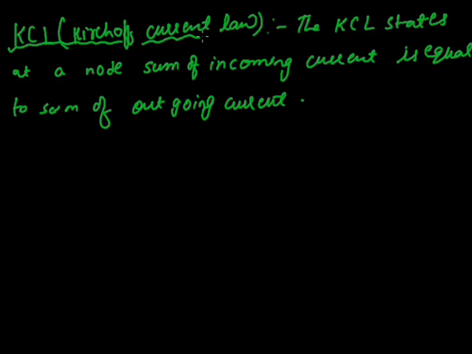Now suppose this is a node, represented by this dot sign. Suppose current I1 is coming at the node, and I2 current is entering the node, and this is also entering the node, which is I3.